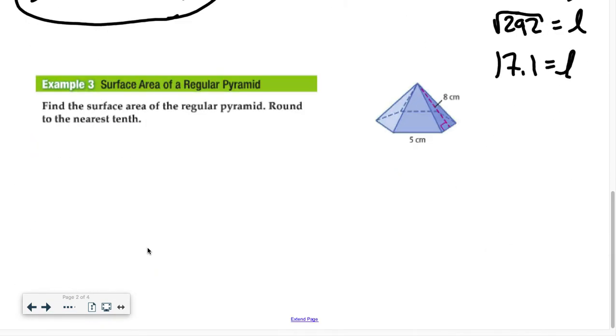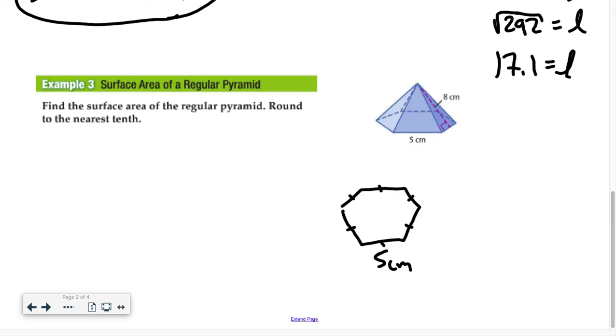Find the surface area of the regular pyramid, round to the nearest tenth. On this one, I'll leave this one to you guys. You have the slant height, so you don't have to worry about that. You have the base edge, so you can find the perimeter. Here you're going to have to find the area of the base, which is a regular hexagon with side lengths of 5 centimeters.